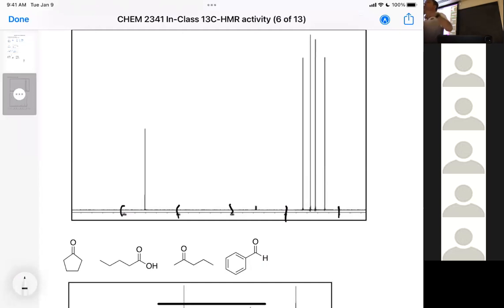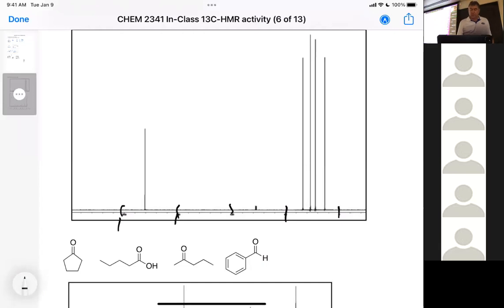What's the first downfield peak we have? That downfield peak is between 150 and 200. So it's not a ketone or an aldehyde. It has to be a carbonyl with an electronegative atom attached to it. So it has to be an ester, an amide, or a carboxylic acid.